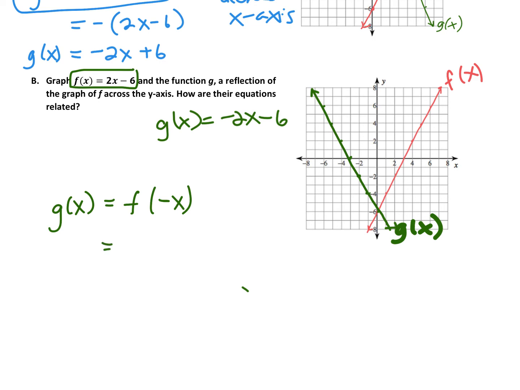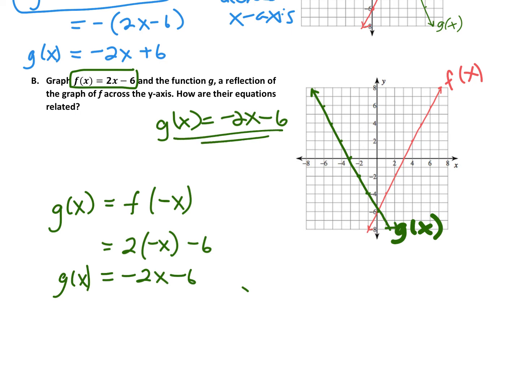What that looks like, our f of x function is 2 times, now our x is going to be negative x, minus 6. So all I did was take this 2x minus 6, and it says the x will be negative, so I made the x negative. And then we just keep simplifying. 2 times negative x is negative 2x, and then that minus 6 carries down. And there's our g of x function, which we found up here from looking at the graph.